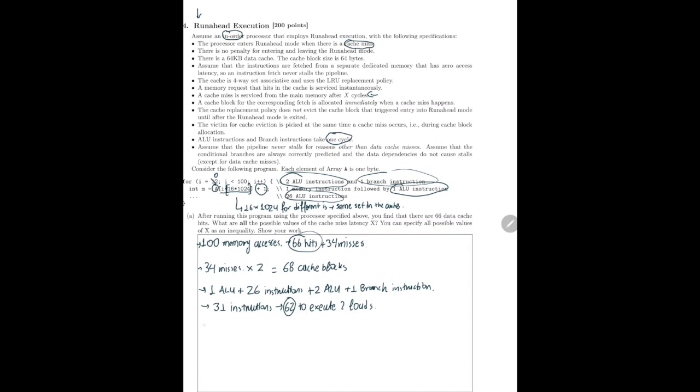Imagine that we had the miss here, and this is the Runahead, and here we're waiting for the miss, and the miss will come 62 cycles after that. Runahead will be able to go and bring the first cache block and the second cache block, the ones that we need, because we need 2, and then it will exit after the 62 cycles of the miss.